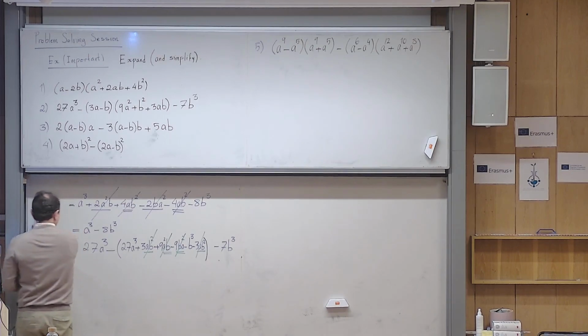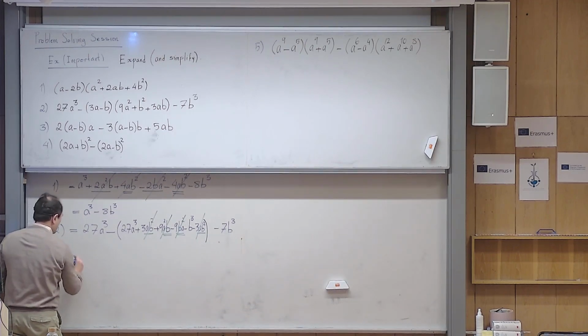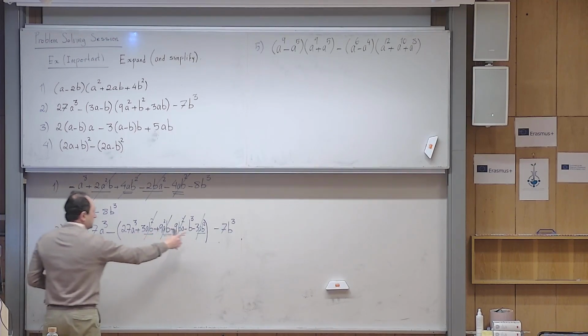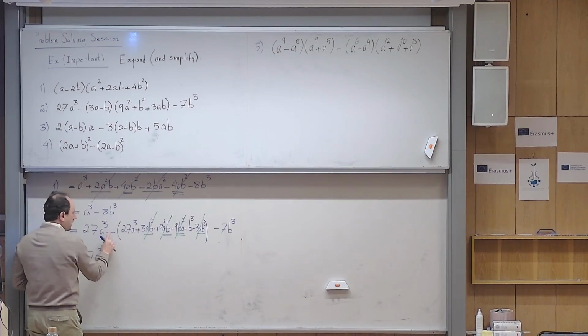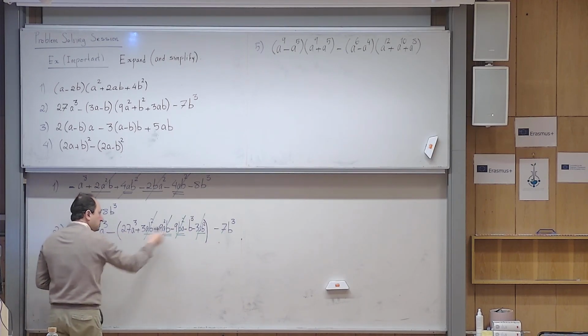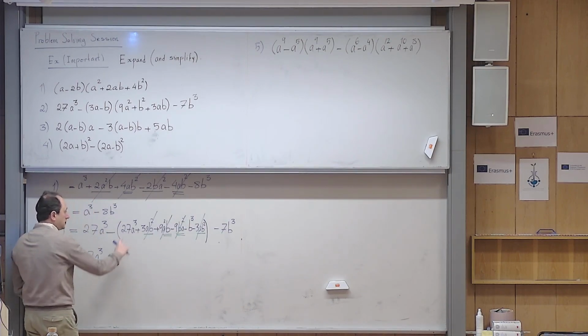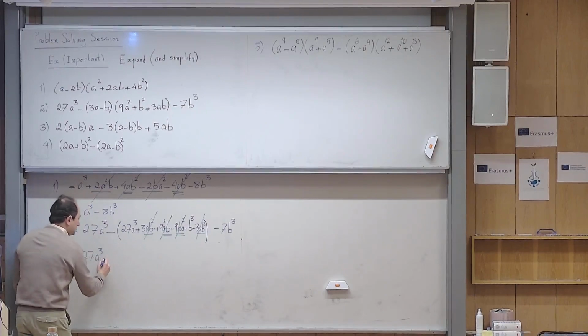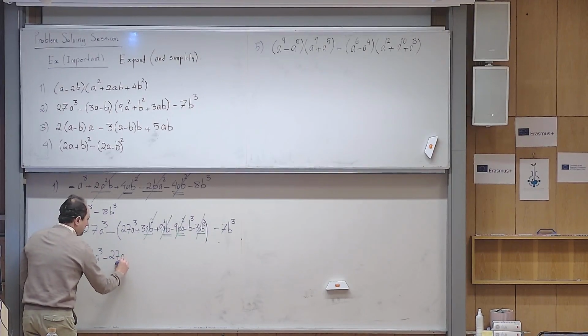So what I will do, I will copy and paste the first one. But when I open this pair of brackets, this minus sign behind the pair of brackets is not only for the first one, but for all the terms involved inside the pair of brackets. So which is this one in this case and this one. So it becomes negative 27a cubed.